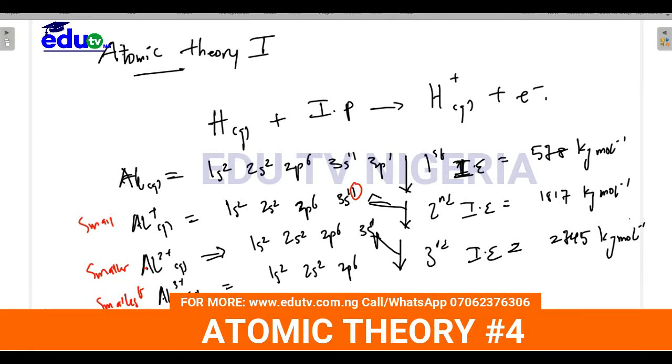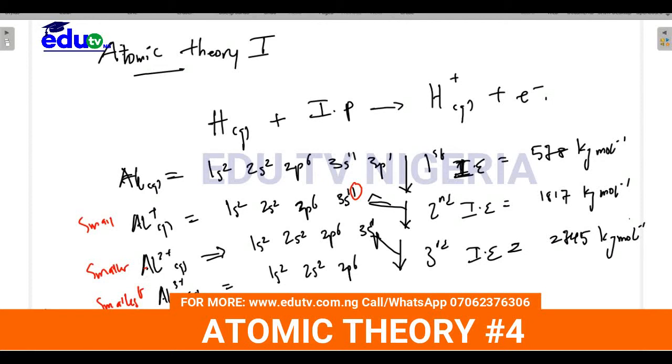It's very easy to remove this one from here. Why? Because it's never up to half filled. A p orbital contains three degenerate orbitals, named PX, PY, PZ.